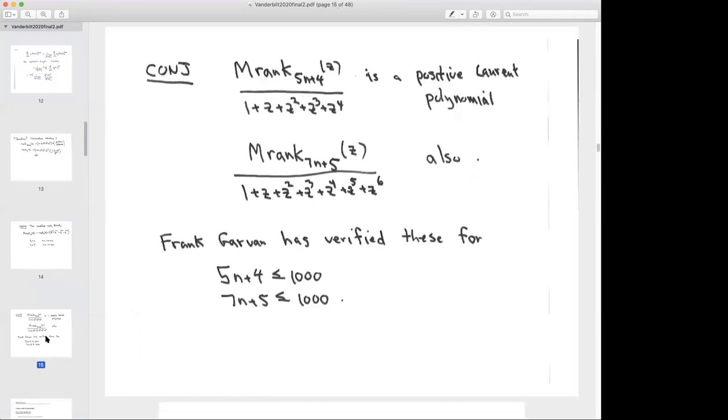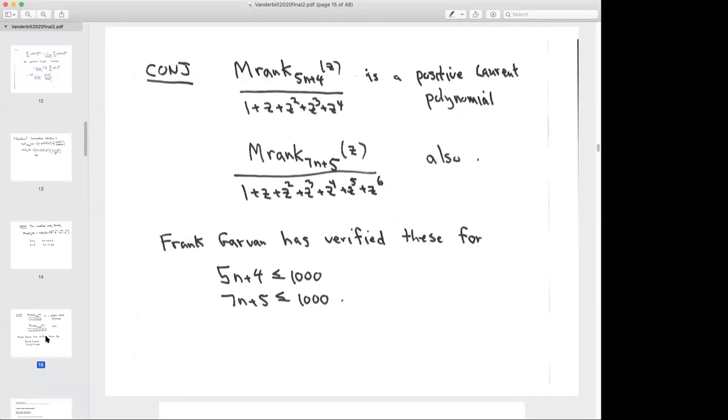And then it seems like it's true. If I take the modified rank, it does factor with this z version of 5 times a positive polynomial. And it also works for 7. So this would say, with this modified rank, there's some combinatorial decomposition of an integer partition into something like a 5-cycle and something else.